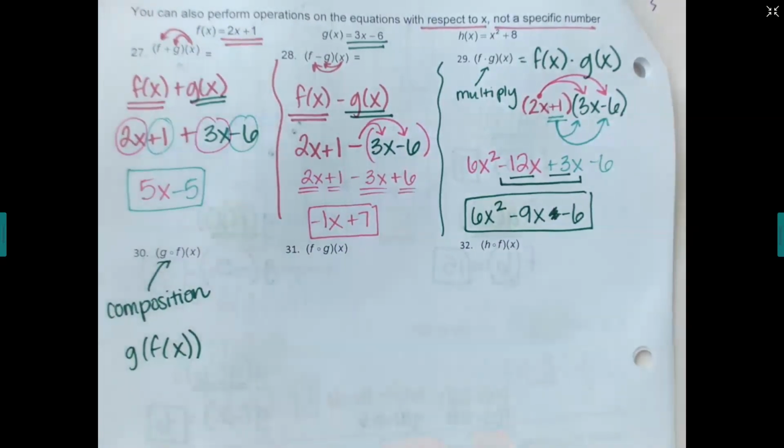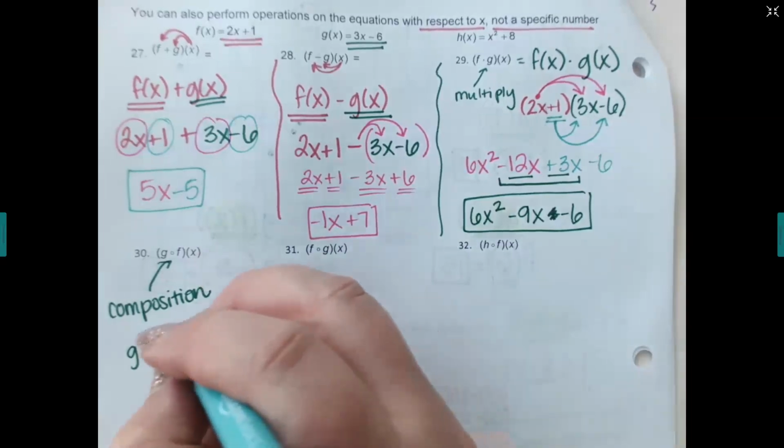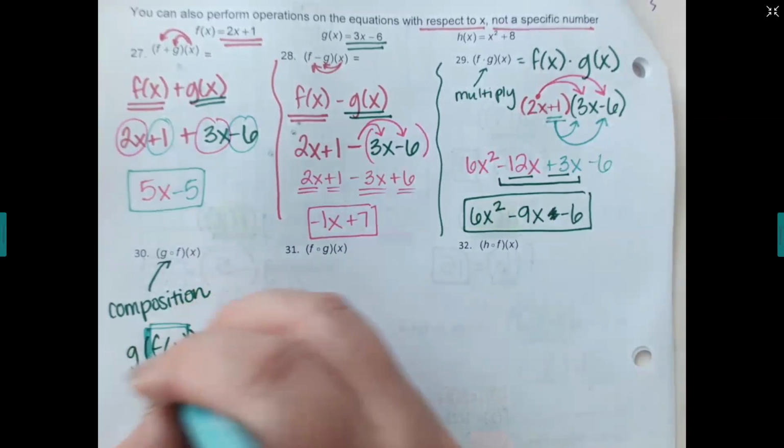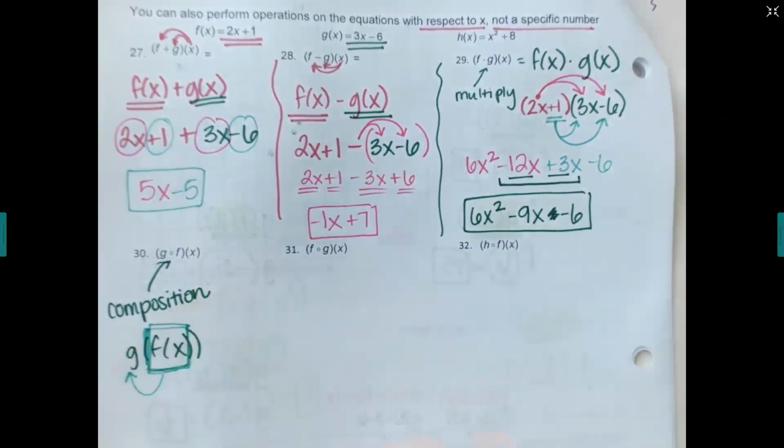You're going to take the entire formula for F of X, because remember, we don't have a certain number to plug in. We're going to take the whole formula for F of X, and we're going to plug it into G of X.